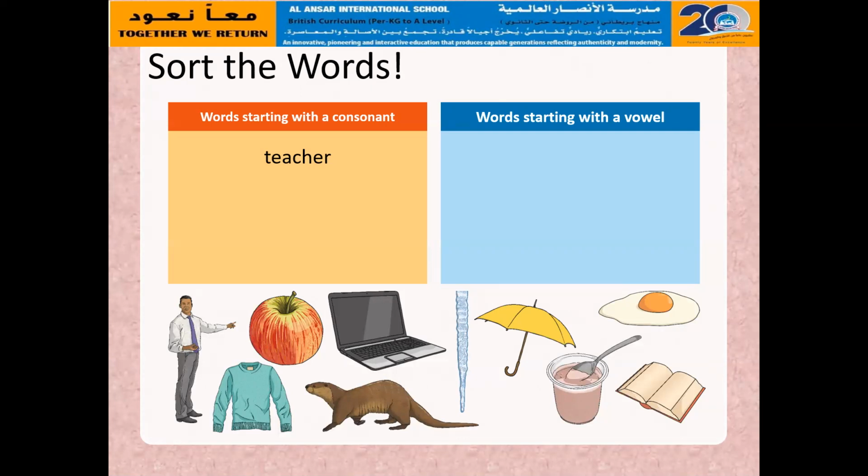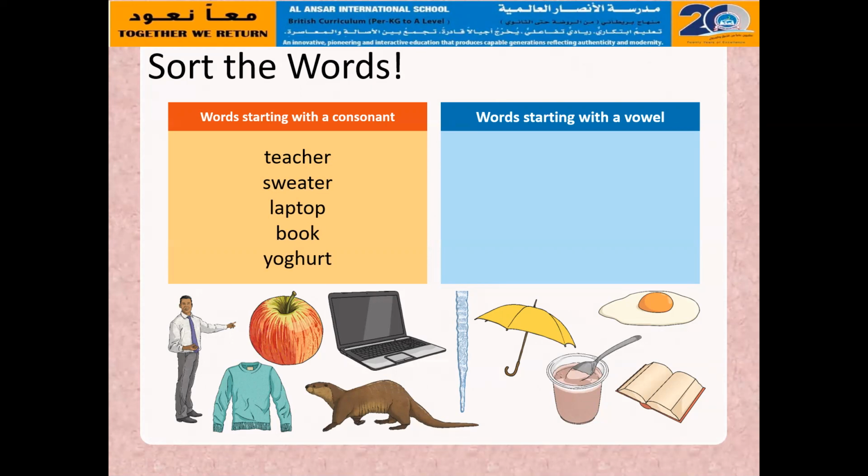Let's look at the next one. Sweater. That begins with S, which is a consonant. Laptop. Book. Yogurt. All of these words begin with consonants.